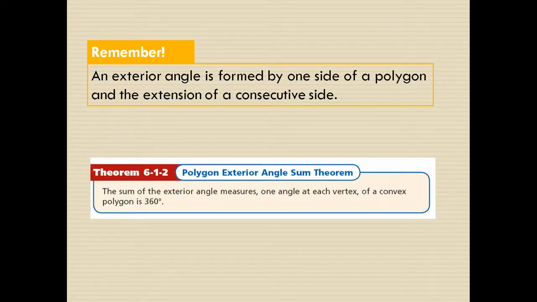This gives us the polygon exterior angle sum theorem. The sum of the exterior angle measures, one angle at each vertex of a convex polygon, is 360 degrees. Note this only works for convex polygons.